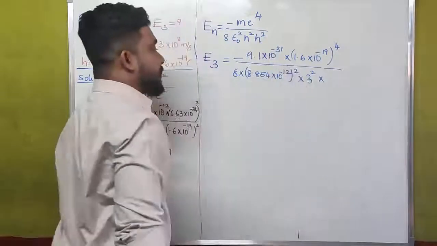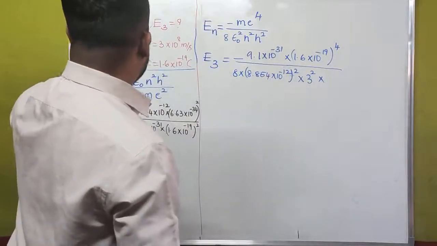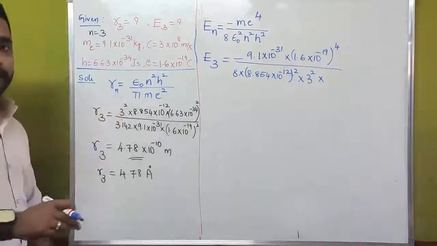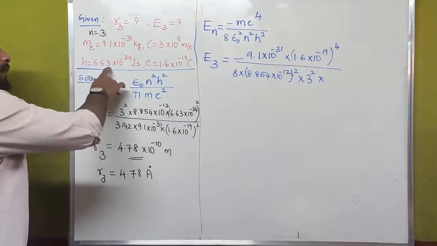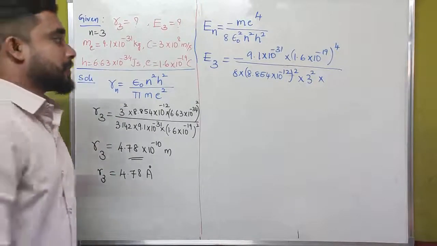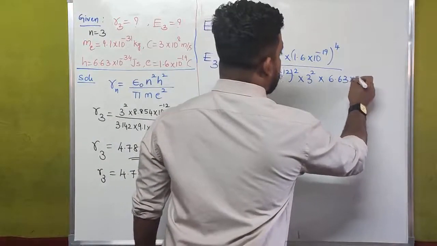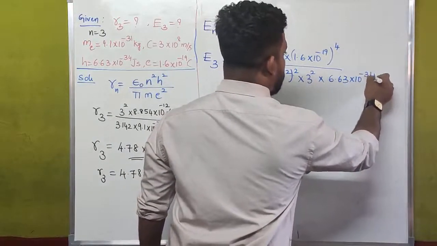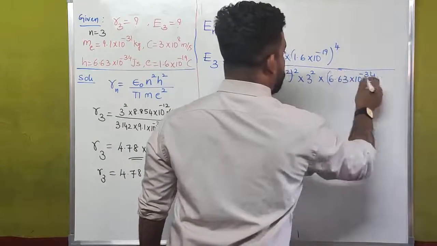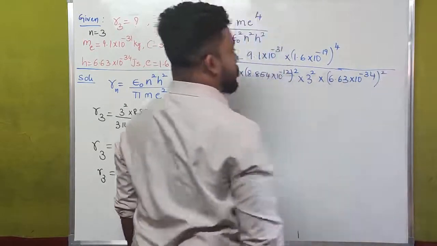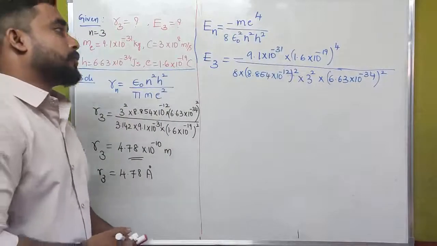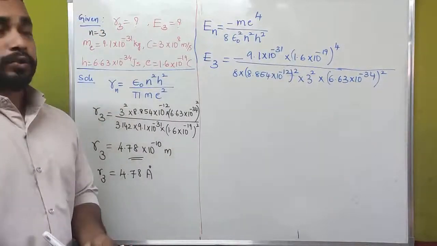Into h square. H is 6.63. Actually 6.625, we know that, but here it has been given as 6.63, so we write it as it is: 6.63 into 10 to the power of minus 34 joule second, whole square.